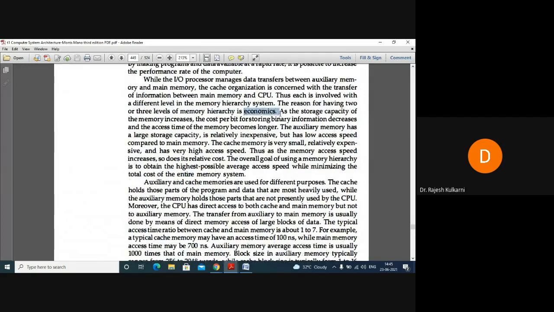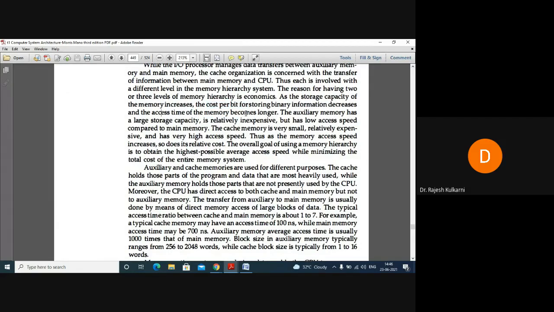Because of economics. As the memory increases, cost also increases, access time increases, and storage decreases. Hard disk has the highest capacity, is cheaper, with low access speed. Cache is small, expensive, with high access speed.